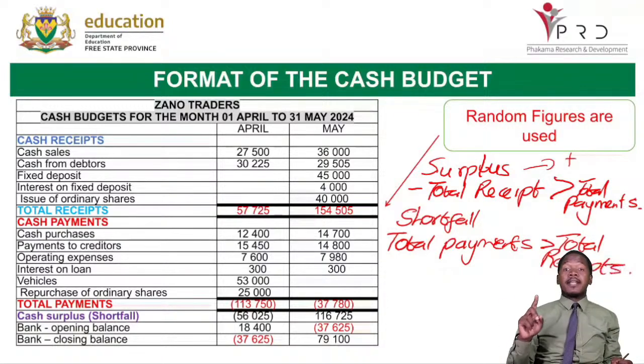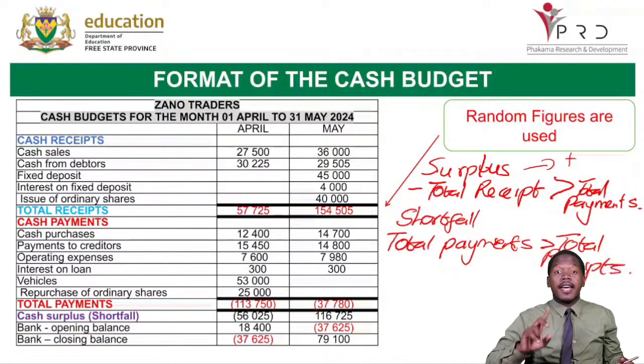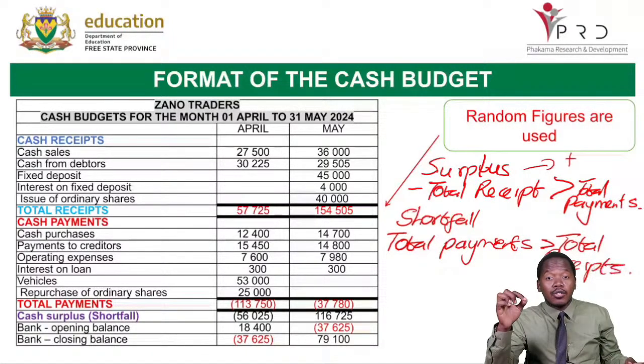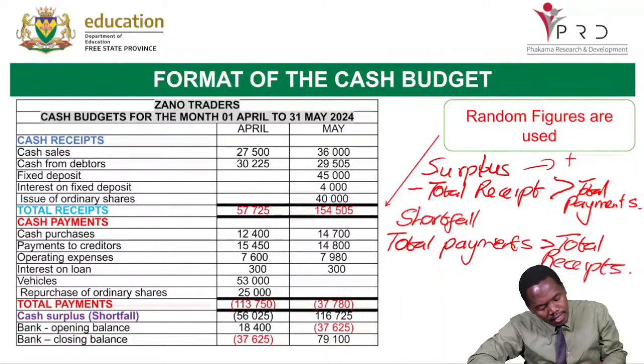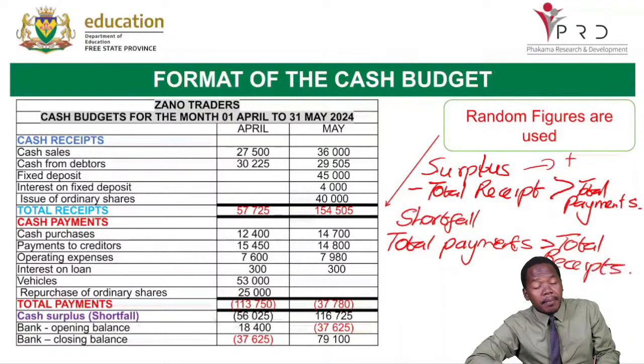So if your total payments are bigger than your total receipts, that becomes what? Total shortfall or cash shortfall or cash shortage or cash deficit. As you can see here, check in April now. April is in bracket. Why is it in bracket? It means this is now a shortfall, a deficit.